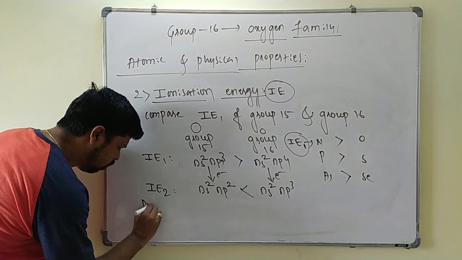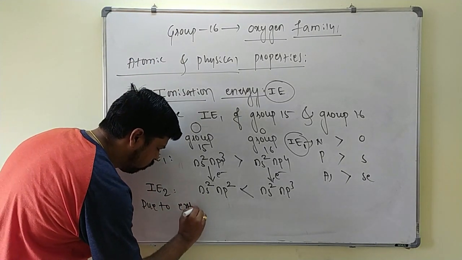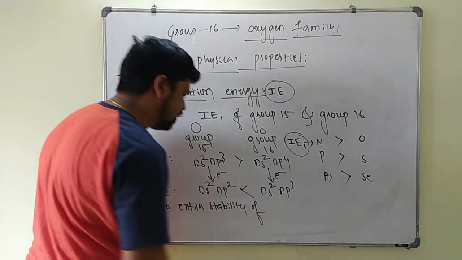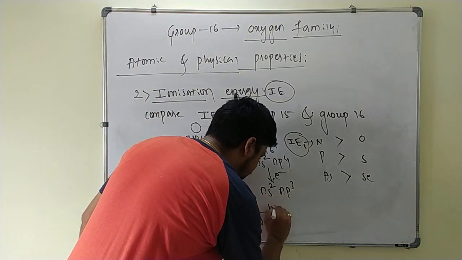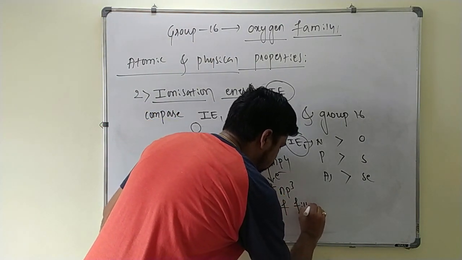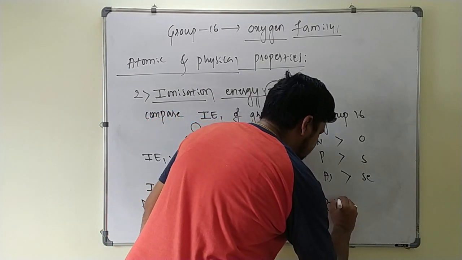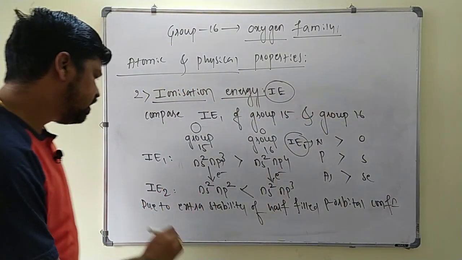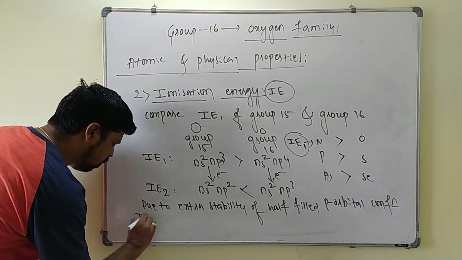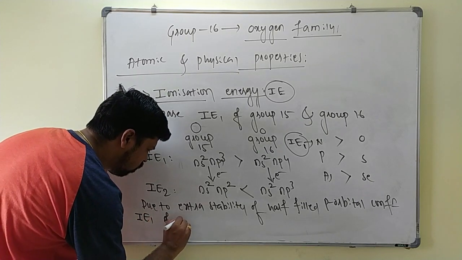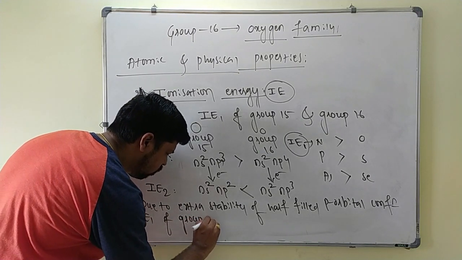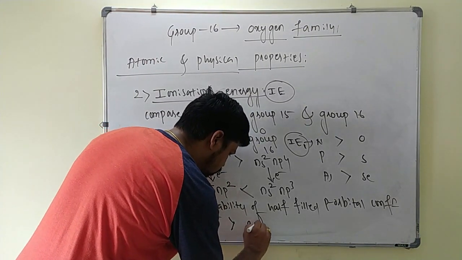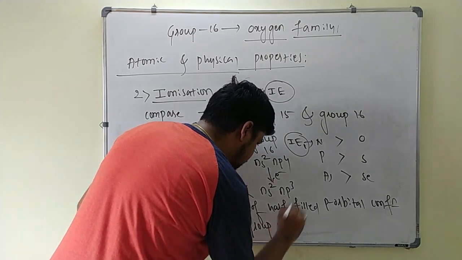Due to extra stability of half filled p orbital configuration, IE1 of group 15 is more than IE1 of group 16.